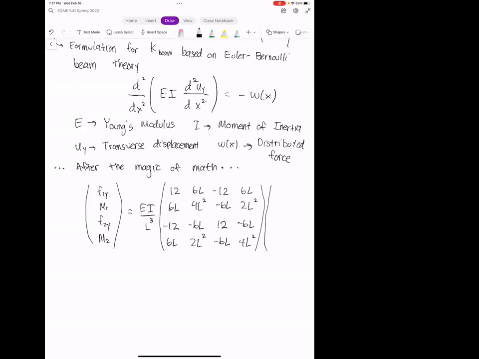This is multiplied by uy1, theta 1, uy2, theta 2. The matrix in the middle here is our element stiffness matrix for a beam.